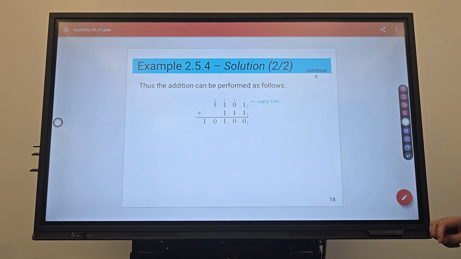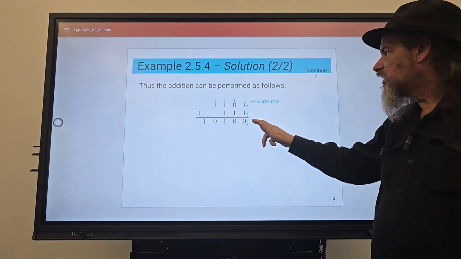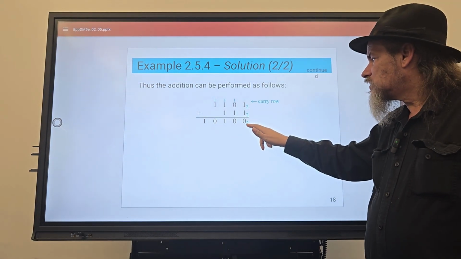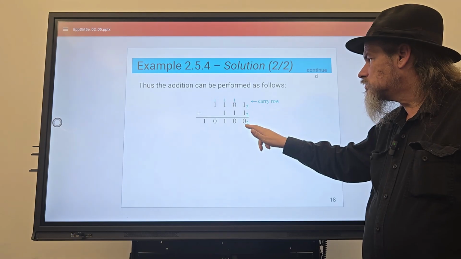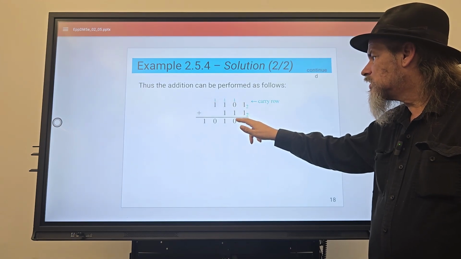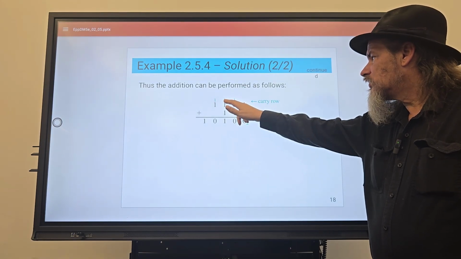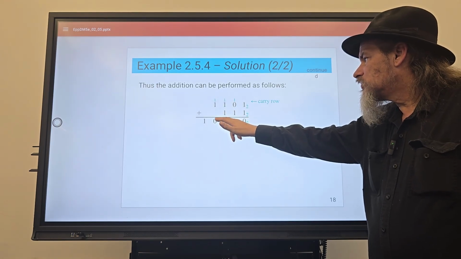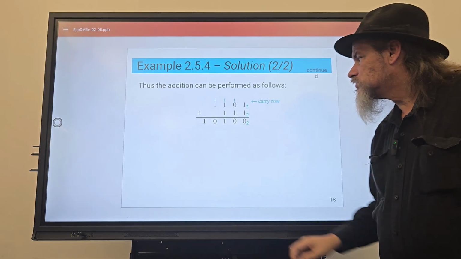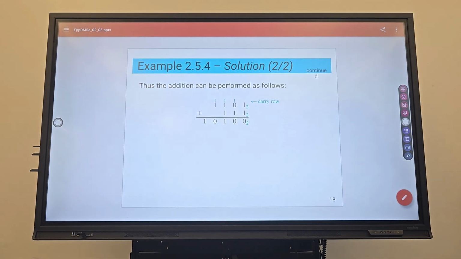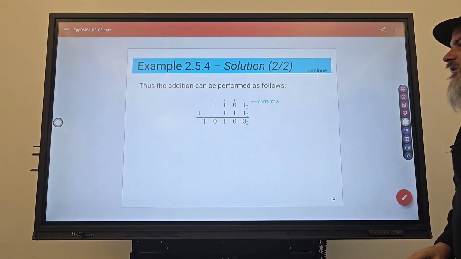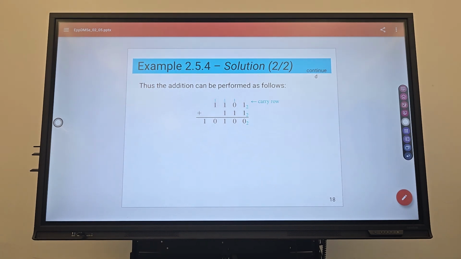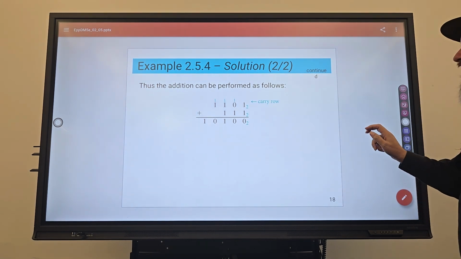So the addition can be performed as follows. 1 and 1 is 0, carry the 1. 1 and 1 is 0, carry the 1. 1 and 1 is 1, carry the 1, which is 0, carry the 1, and so you have 10100 for the sum.